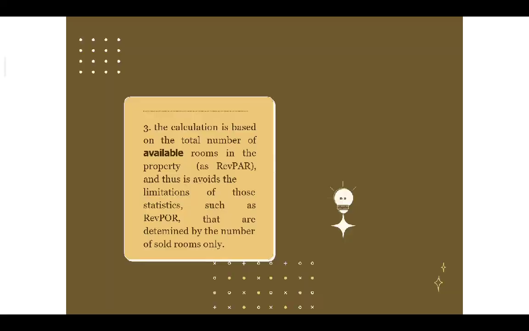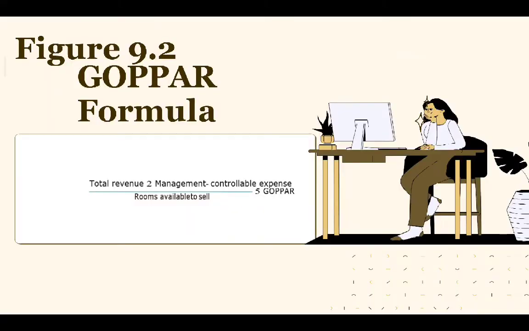So, this is the Figure 9.2 GOPAR formula: total revenue less management-controllable expense, over rooms available to sell.